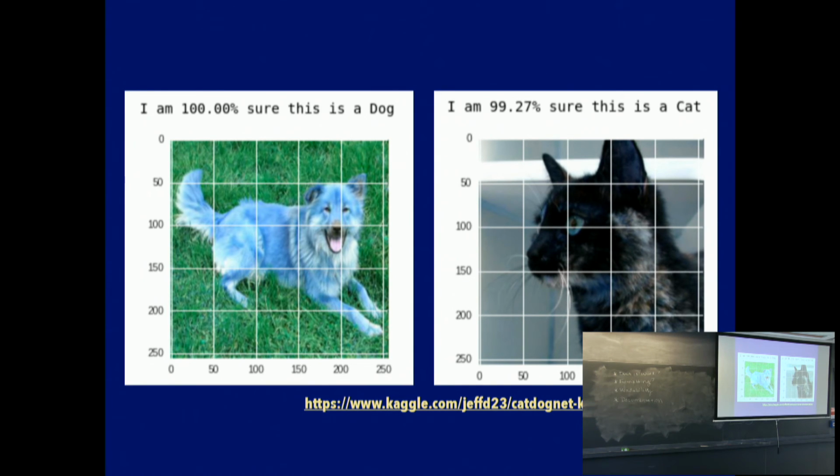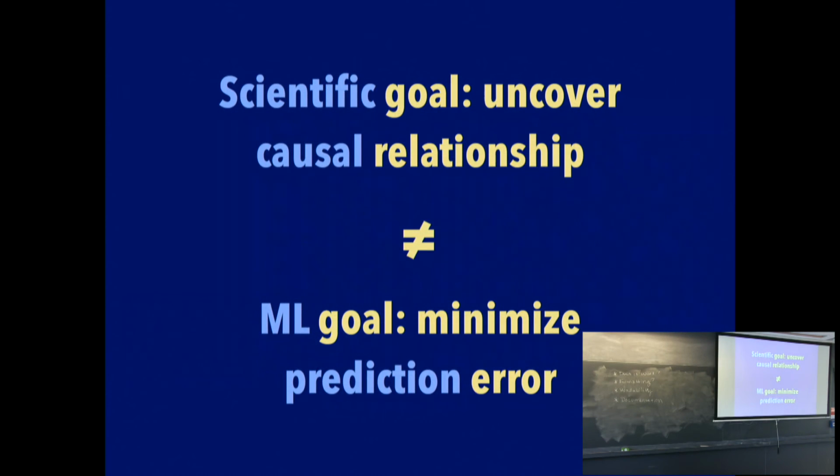It's like, in this image, is there a cat or a dog? And you don't really care about why the model said this is a cat or a dog. That's a problem for us, because our scientific goal is almost always to uncover a causal relationship, whereas the machine learning goal is almost always to minimize prediction error. So the machine learning goal tries to make sure you can classify as many things as possible correctly, but that doesn't always allow you to uncover a causal relationship.